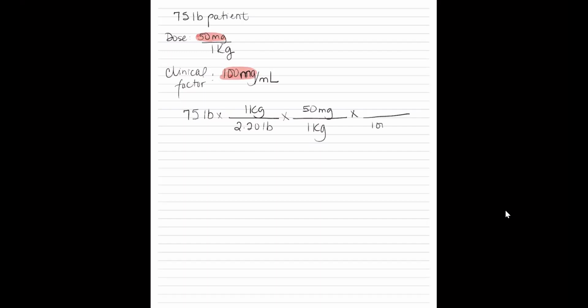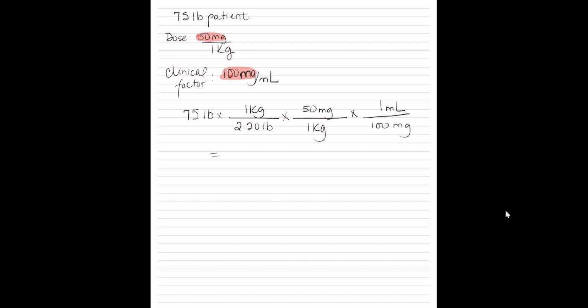So we have 100 milligrams per milliliter. And then when we get that, we have to do 75 times 50 divided by 2.20 times 100.